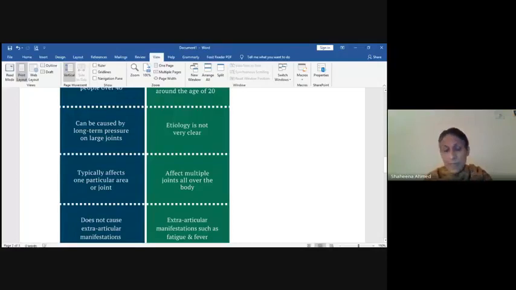Now, the process through which these two pathologies work. In rheumatoid arthritis, the process is that of inflammation. Whereas in osteoarthritis, the process is that of degeneration.